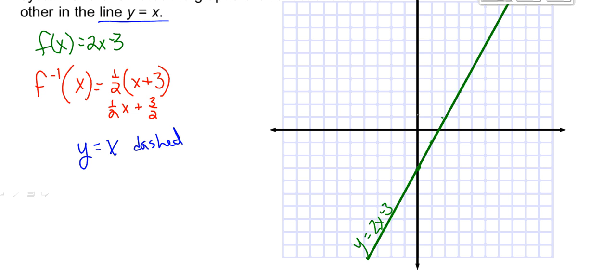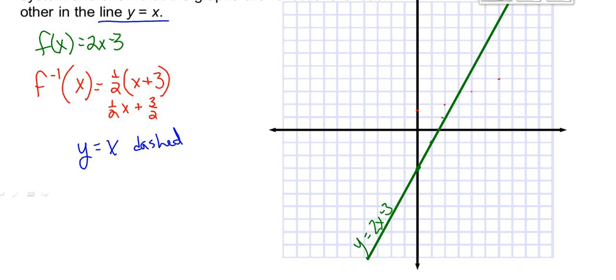And then my next one is going to be, well, that goes through 3 halves, which is 1.5. And then it goes up 1 and over 2. As we look at that, up 1 and over 2, I think I can graph that like this.